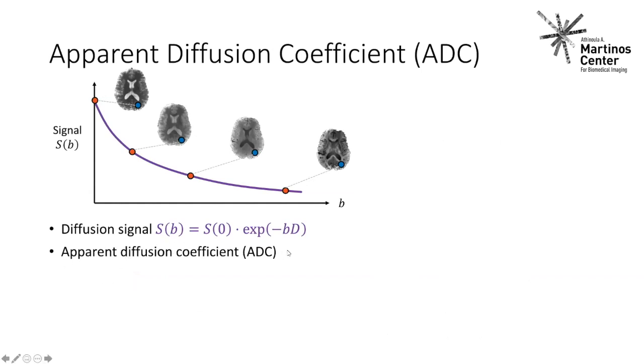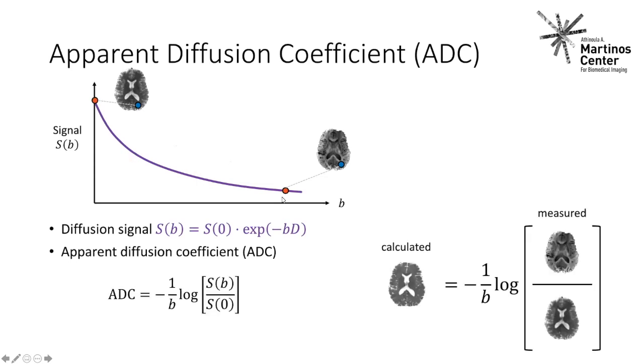We usually use this equation to calculate the apparent diffusion coefficient, or ADC. Here it shows that we can measure the diffusion signal at different diffusion weightings, or b values. And then we can fit this equation to the signal in each voxel and get an estimate of the apparent diffusion coefficient.